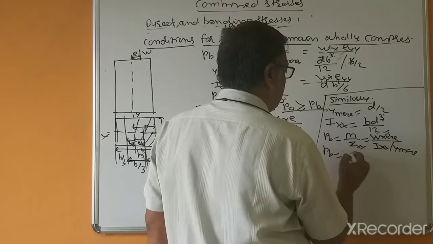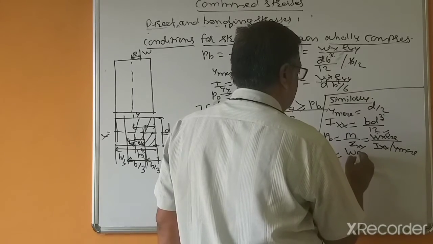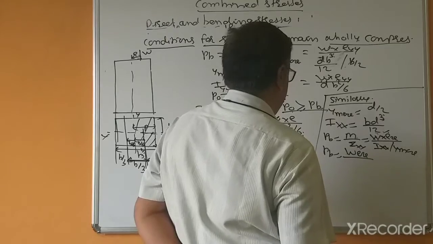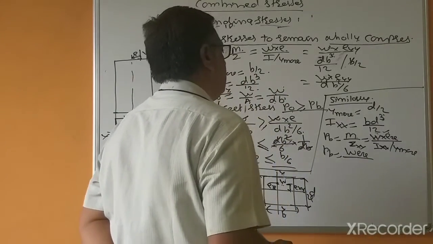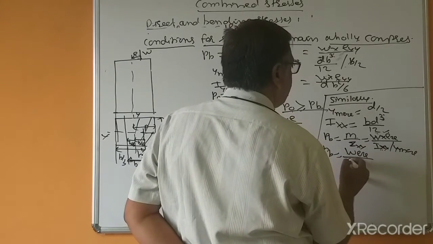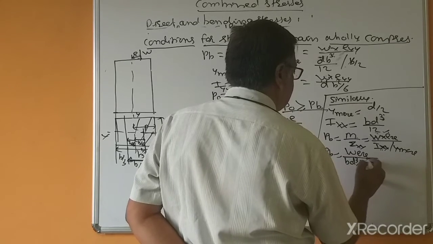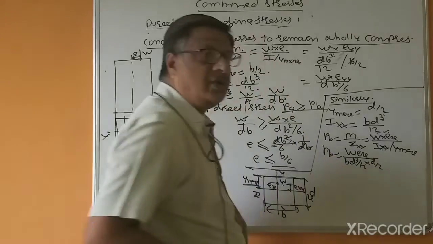So PB equals W into EX divided by, moment of inertia BD cube divided by 12, and D divided by 2.